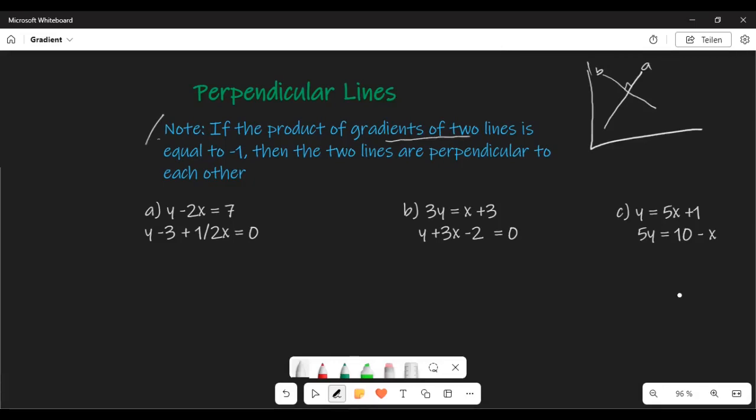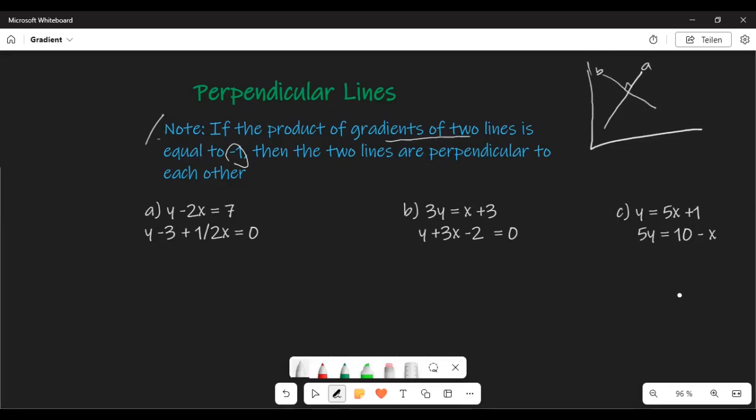If the product, the final answer we get, is -1, then we know that these lines are perpendicular, crossing each other at a right angle. So the lines are perpendicular to each other. That's the most important thing.